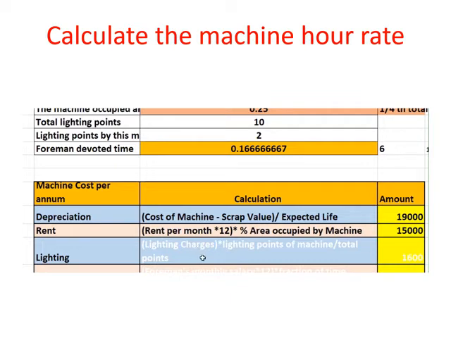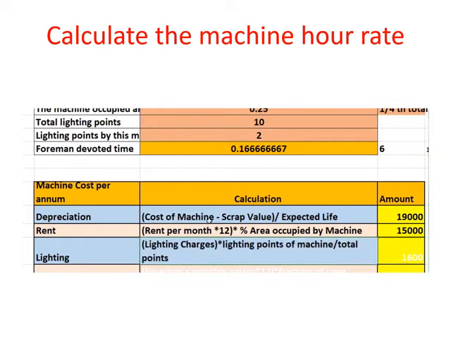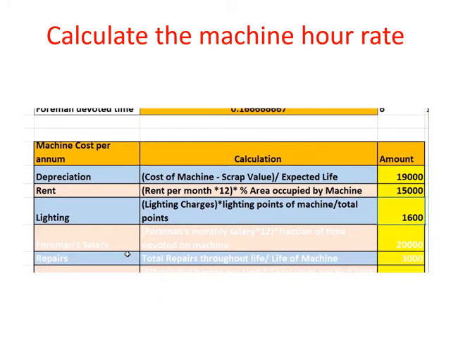It is lighting cost per year into 2 divided by 10, because 2 lighting points are used by this machine among the total 10 points. So you have lighting charges into lighting points of the machine divided by total points. So you get the answer 1,600 as the lighting charges for this particular machine.